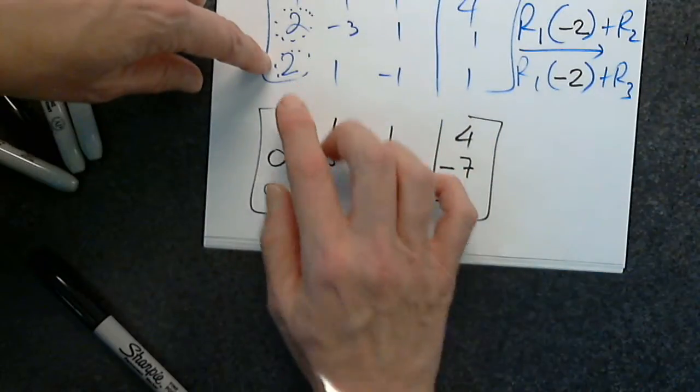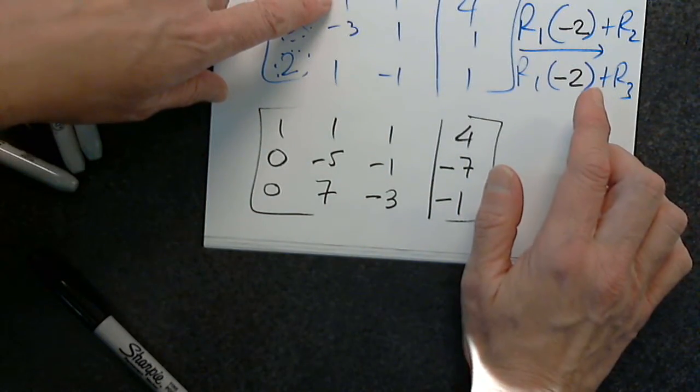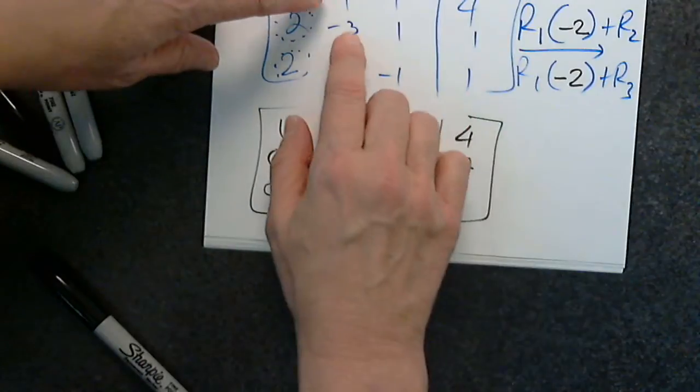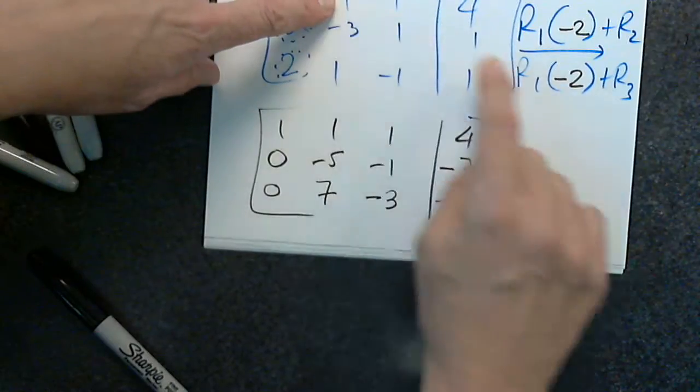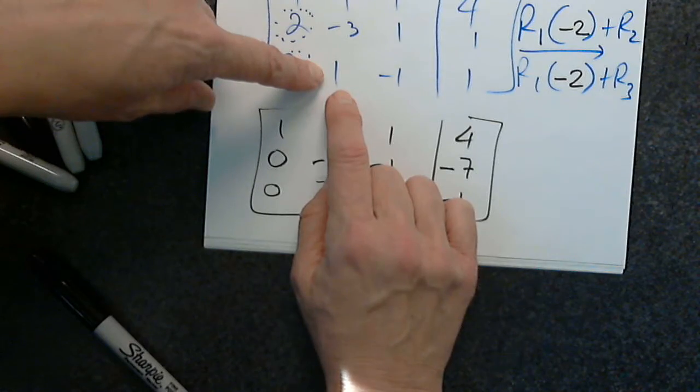1 times negative 2 plus 2, 0. Ooh, see? I looked at negative 3. 1 times negative 2 is negative 2. Negative 2 plus 1 is negative 1.